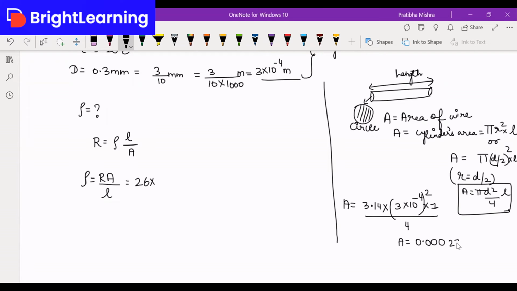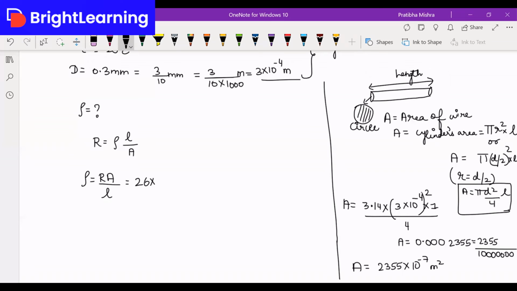So this area I am getting as 0.000 2355, or I can also write it as 2355 divided by 7 zeros. Or your area can also be 2355 into 10 to the power minus 7 meters square.